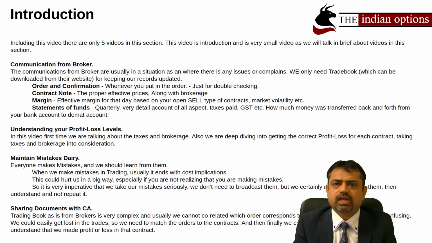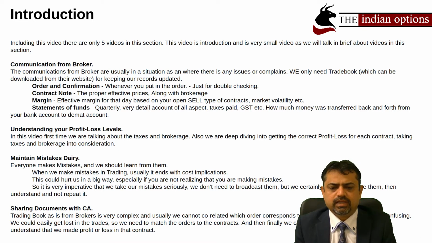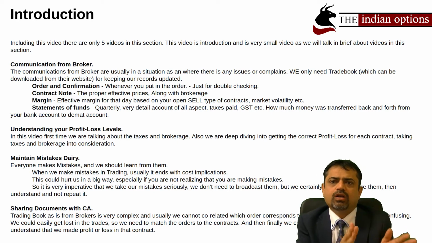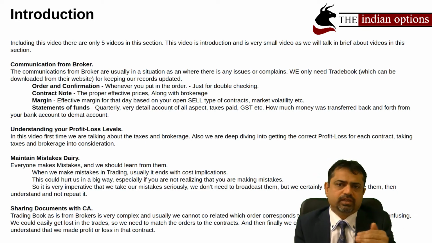First is the order and confirmation mail. Whenever you put an order, whatever orders you have put today, you will get that mail I think in like 4 or 5 hours, as soon as the market closes. You can check it against what exactly orders you put, and whether they are correct or not, or if something is missing.